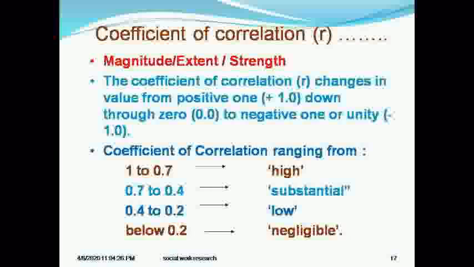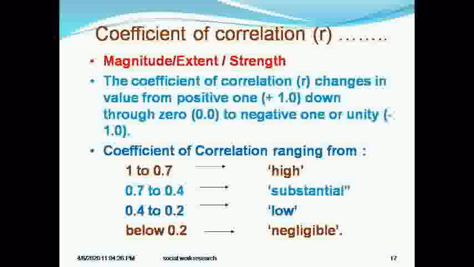And there is positive correlation and negative correlation. Positive means a positive change in one variable affects positively the other variable, which means the higher the income of the parents, the higher the expectation of the students. Now, negative correlation means the higher the value of one variable, the lower the value of another variable.